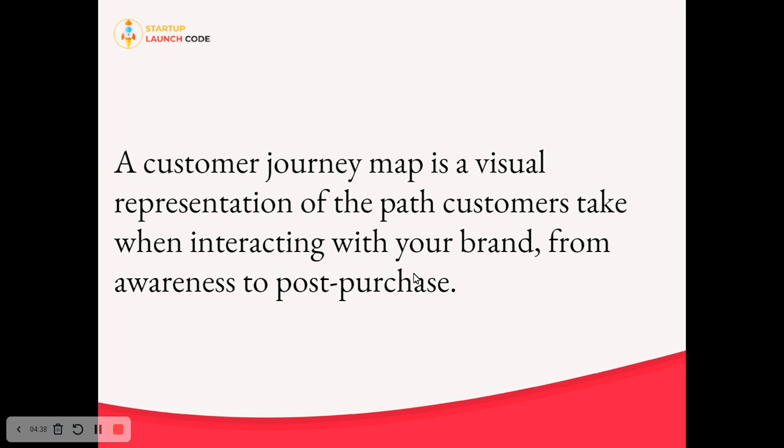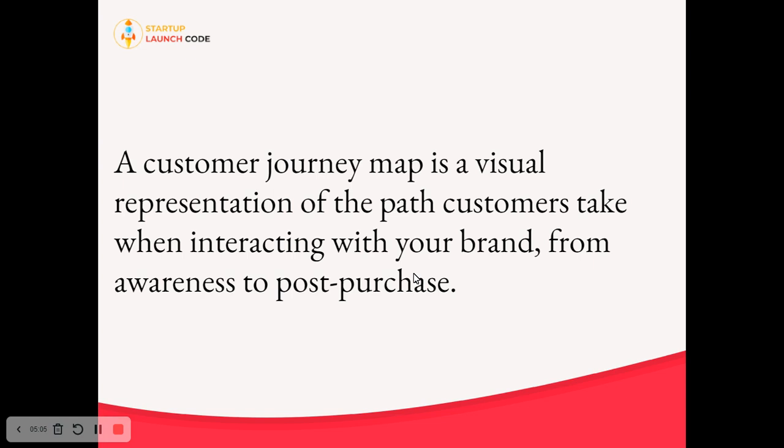So those series of steps, from that first point of contact till they make an outright purchase and beyond, represented in a pictorial or visual format, is what we call a customer journey map. Just like when we talk about a geographical map, which is a graphical representation of a location.